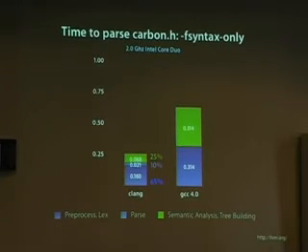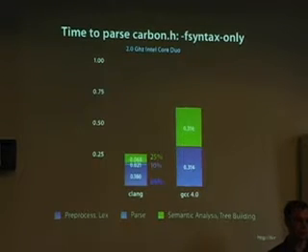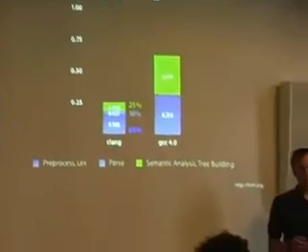Yeah? So the question is, how easy is it to add a new type qualifier? It's actually pretty easy. One of our goals is that if you know C or C++ or the language that you're trying to deal with, the ASTs are very obvious.